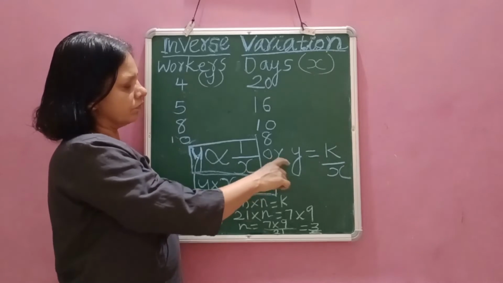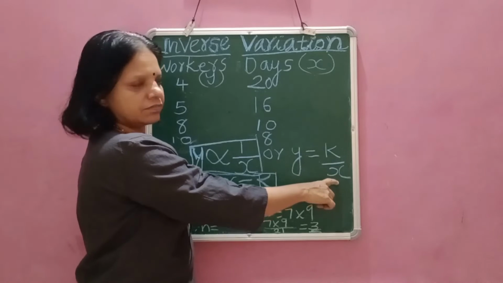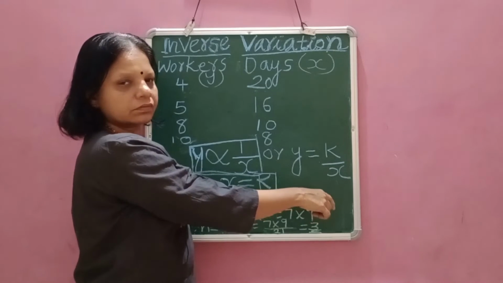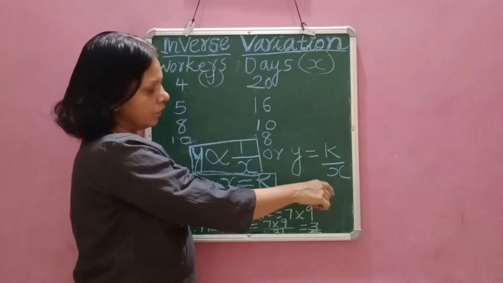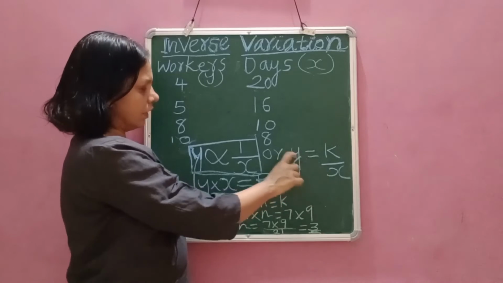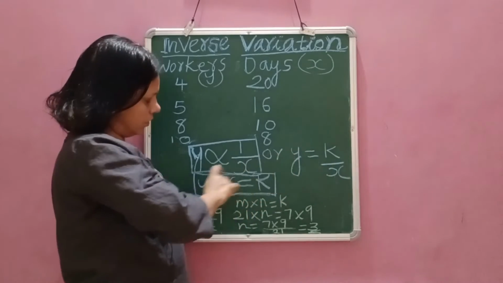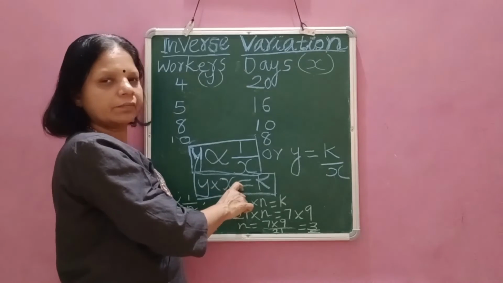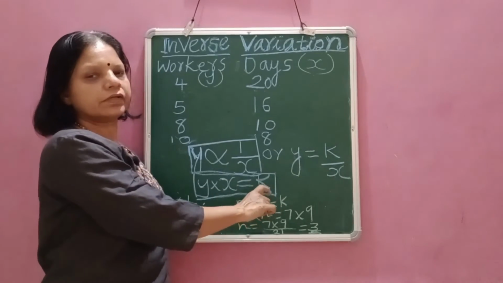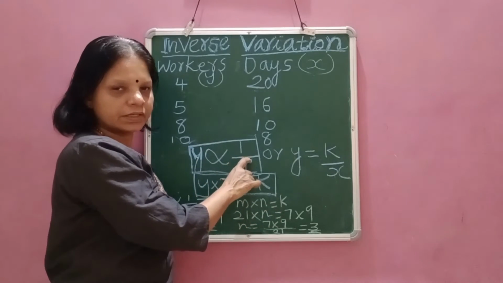Or we can say y equal to k upon x. X is in the denominator, inverse. Clear? From this we get y into x: x changes the side and goes to the numerator. Y into x equal to a constant. That is the equation of inverse variation. This is the relation of inverse variation.